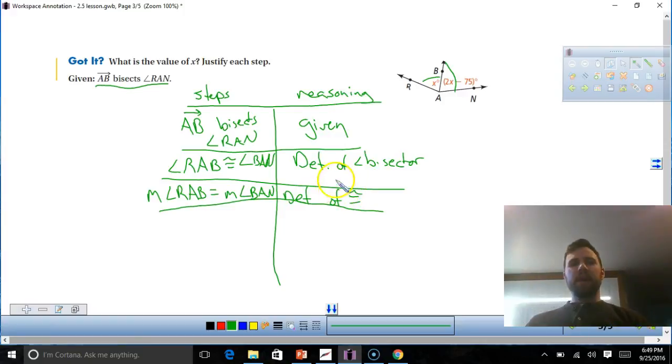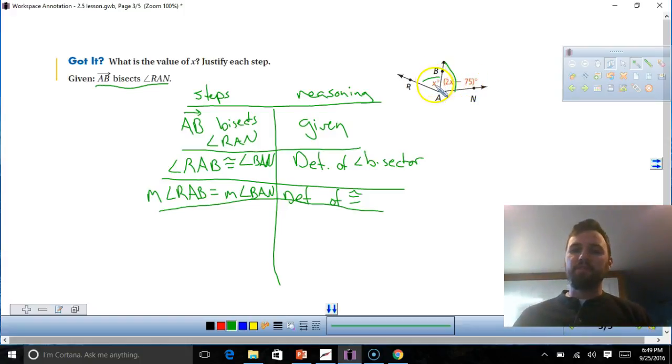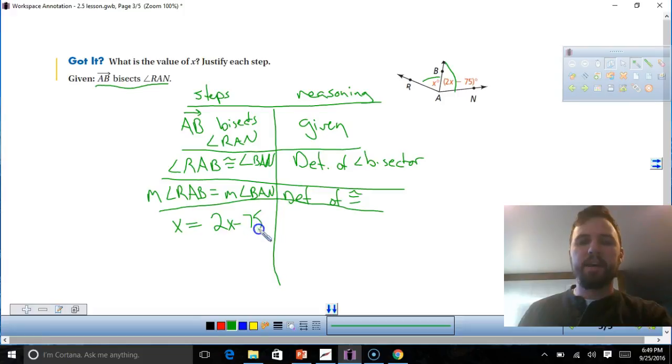Alright, now we know those angles are equal, and we have some x's here, right? So I can substitute x in for RAB, right? I can say x equals, what's BAN equal? Well, that equals 2x minus 75.